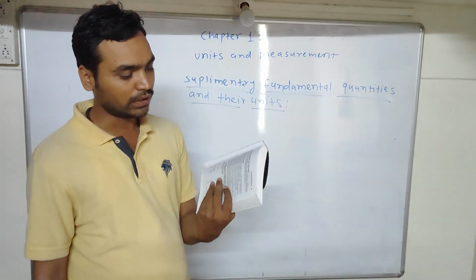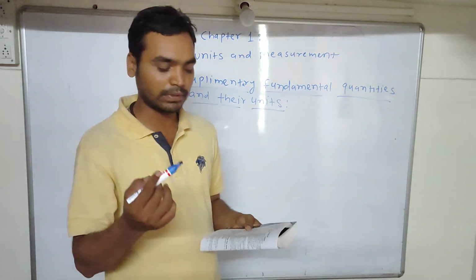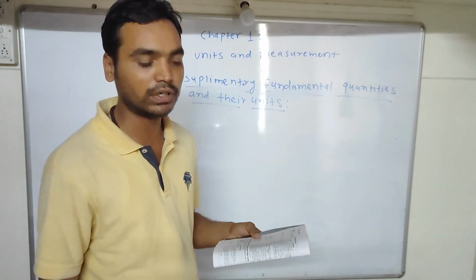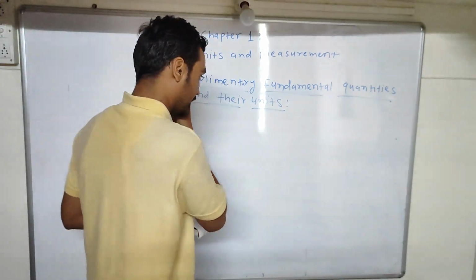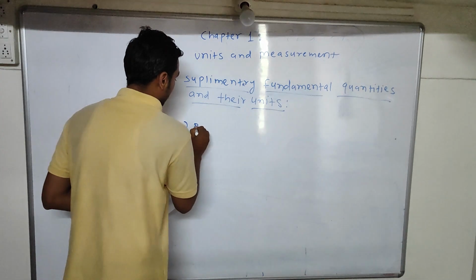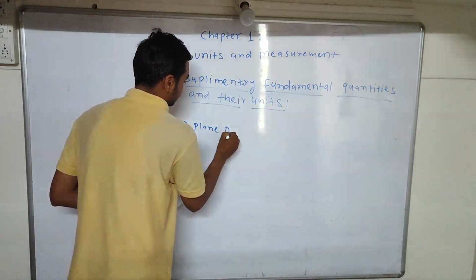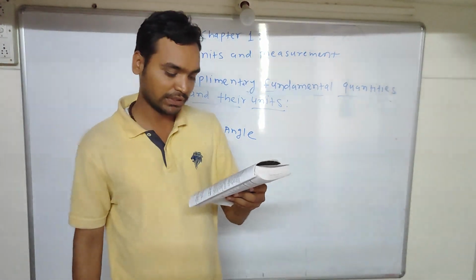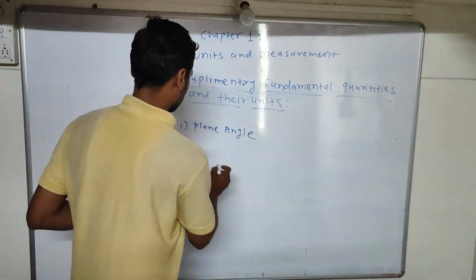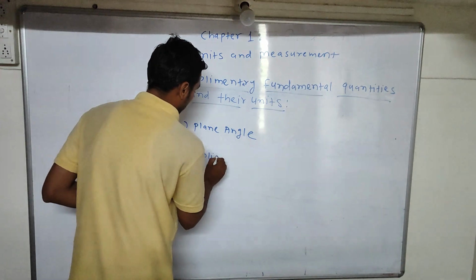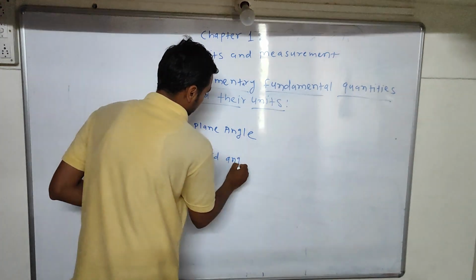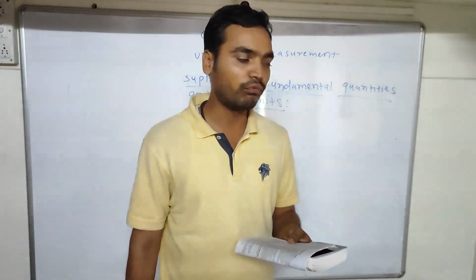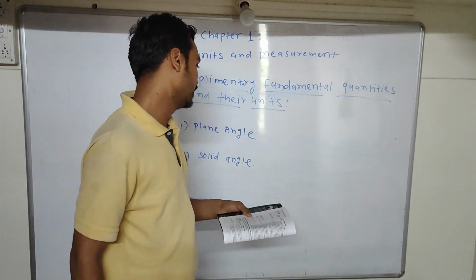Then we have to see one small table. Here, supplementary fundamental quantity: there are two supplementary fundamental quantities. First one is the plane angle. Then second one is the solid angle. What is the unit name for the plane angle and solid angle?